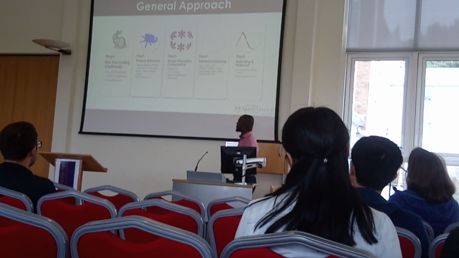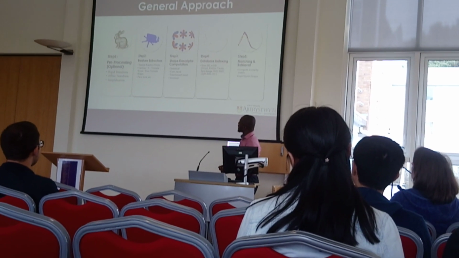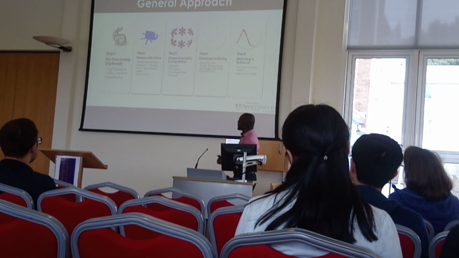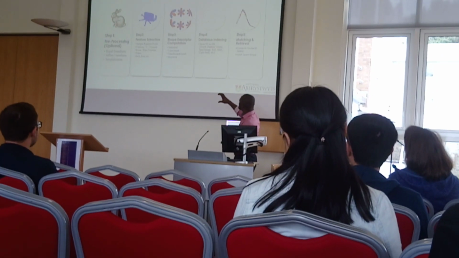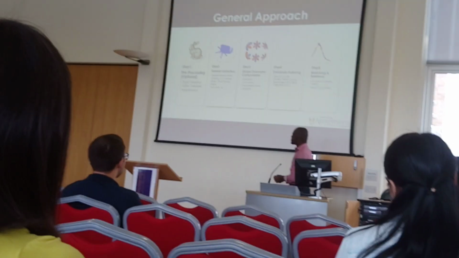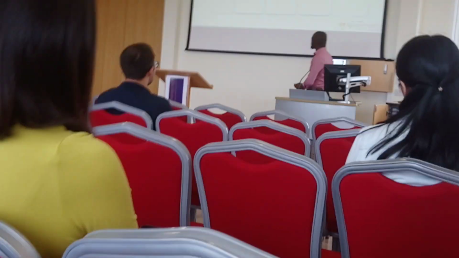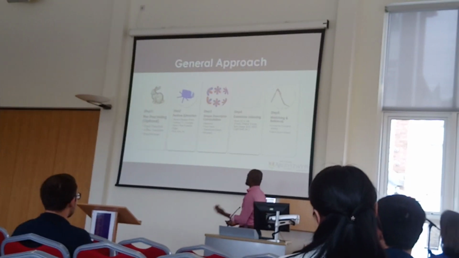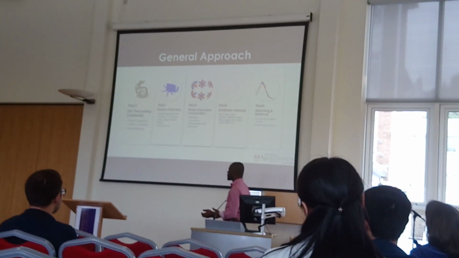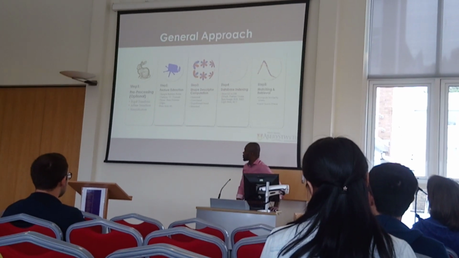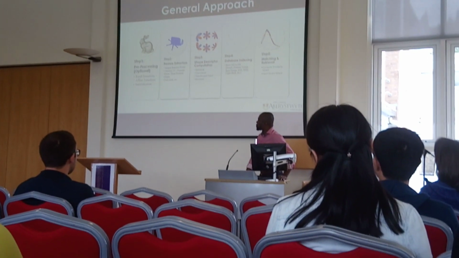To address this problem, there are 4 steps. I summarized it into 5 steps, but 4 steps are more important. The first step is the pre-processing step, which is optional. So we have a model from the database. We have to look at processing the model, like computing for transformation or rotation or translation.